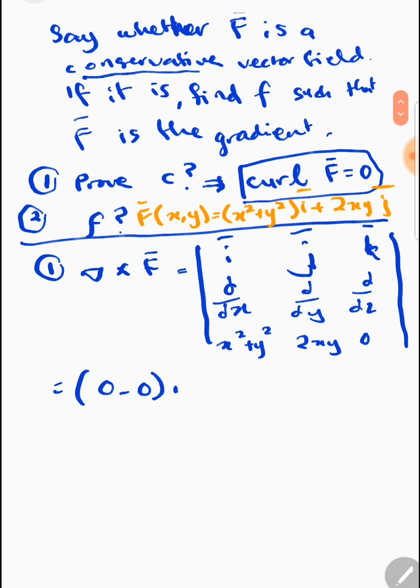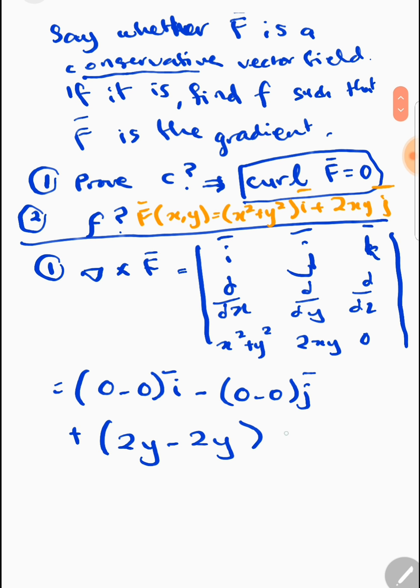If we continue from here, I get 0 minus 0 of i, and then minus 0 minus 0 of j, plus, for my k, d over dx of 2xy gives 2y, and d over dy of x squared plus y squared gives 2y.